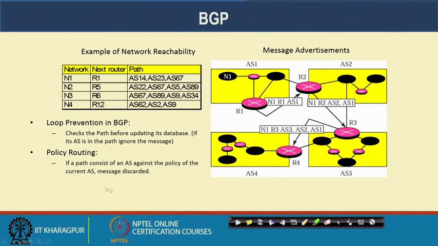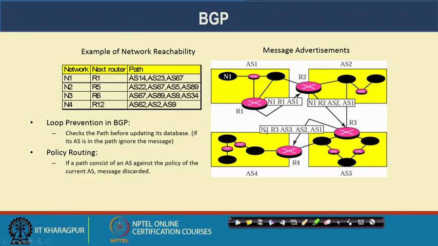And if we look at the previous lecture, we discussed this N1, R1, this is the particular reachability. From here, if I want to see N1, R2, the path is AS2, AS1, and so on.